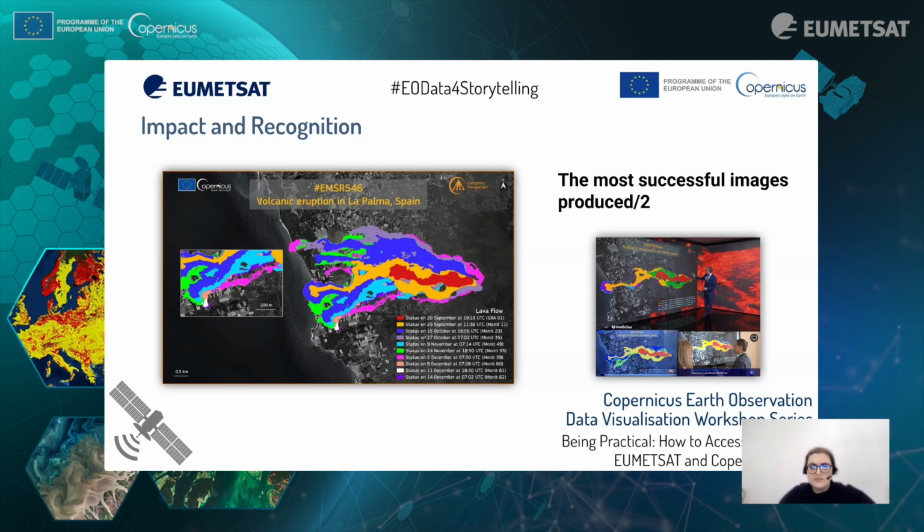And the idea was how I can visualize this evolution with this data. I decided to show this evolution by changing the color of the map. And the result was that in all the media and all the television in Spain, the image was displayed more or less every day.